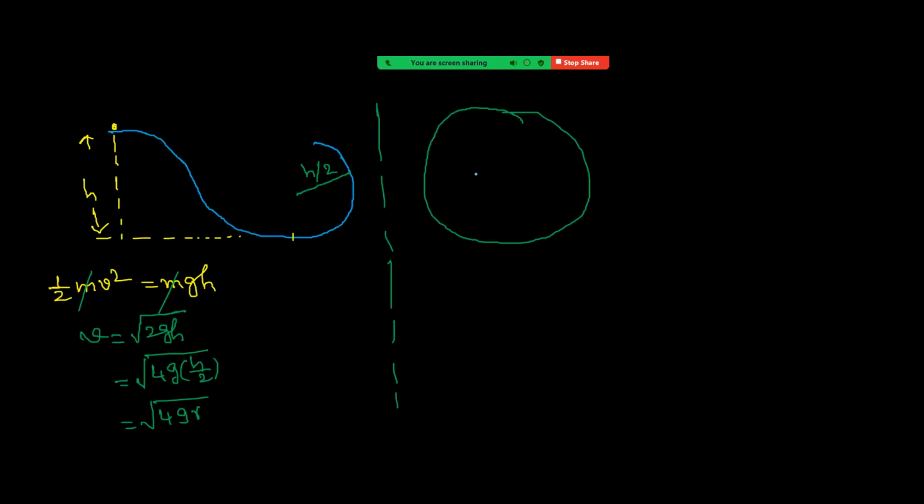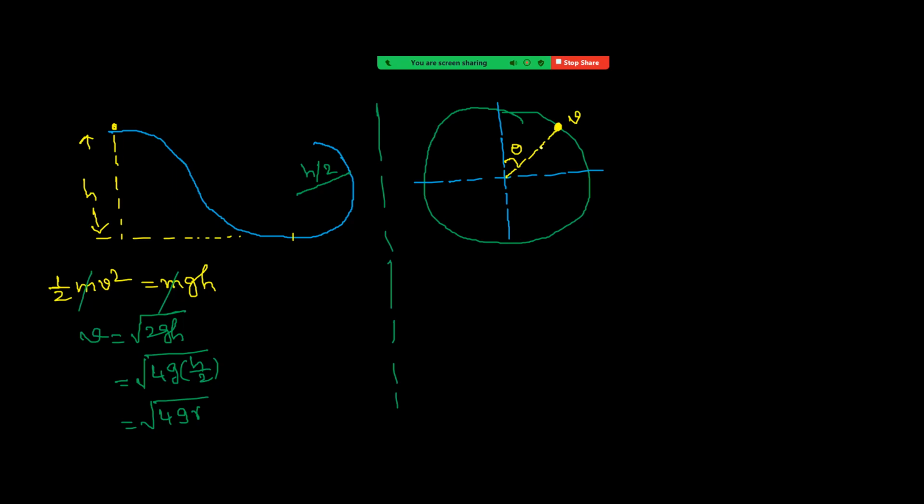I'm just using the concepts which I have discussed earlier while discussing vertical circular motion. When the string makes an angle theta with the upper vertical, when the string becomes loose, when the string slacks, suppose this is the position where the string slacks, the angle is theta and the velocity is v.